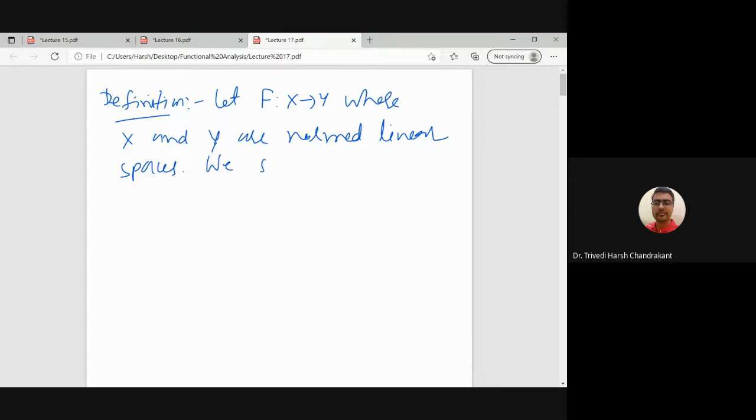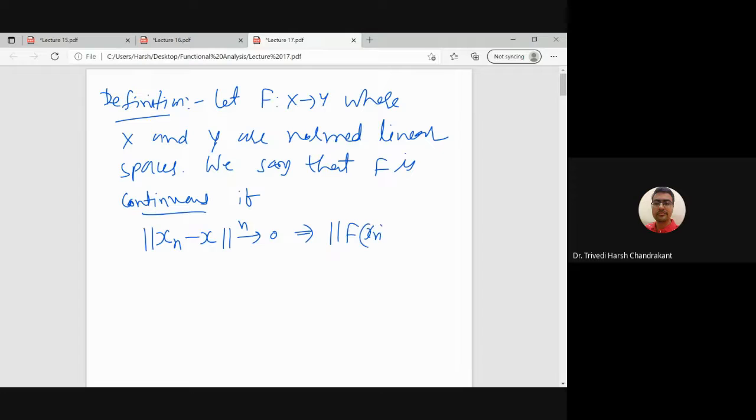We say that f is continuous if, so the definition of continuity, if you recall, xn converges to x in the domain implies the sequence f of xn converges to f of x in the codomain.